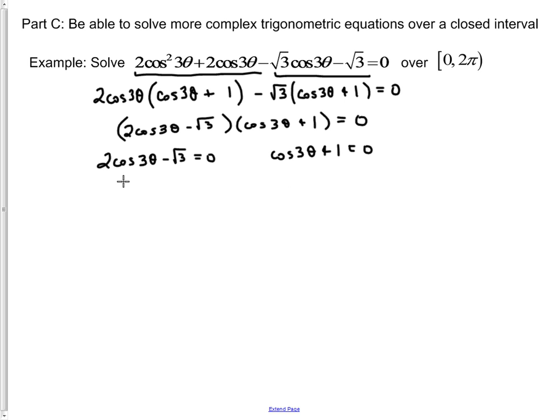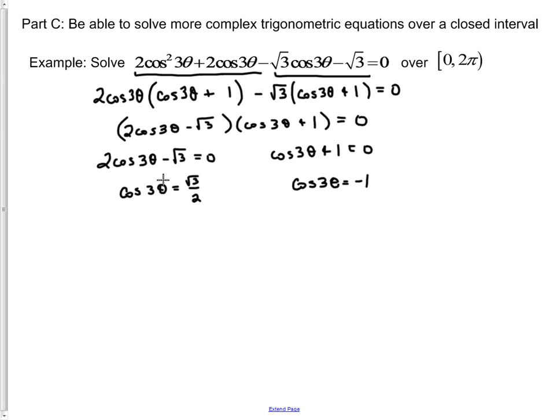Adding square root of 3 and dividing by 2 gives us cosine of 3 theta is equal to square root of 3 over 2. Subtracting 1 from both sides gives us cosine of 3 theta equals negative 1 right here. So what do we have to do?